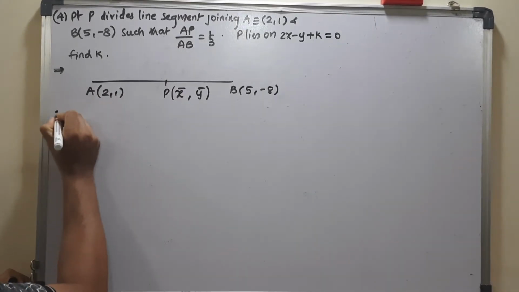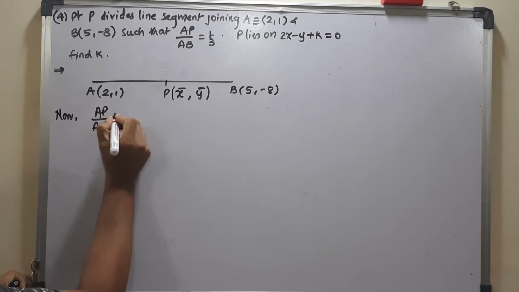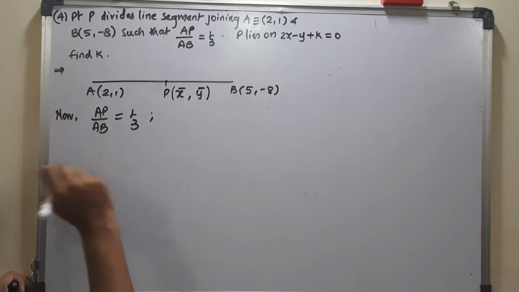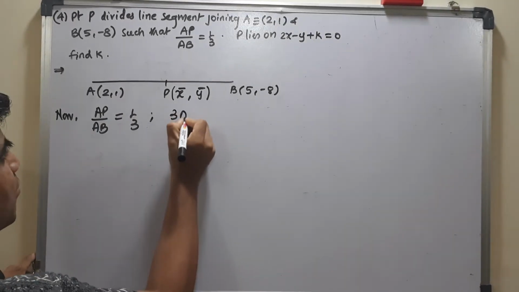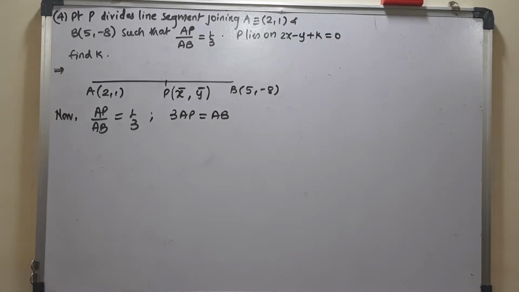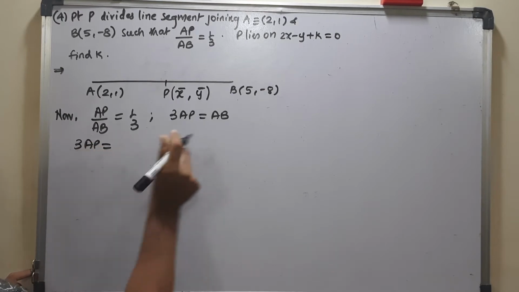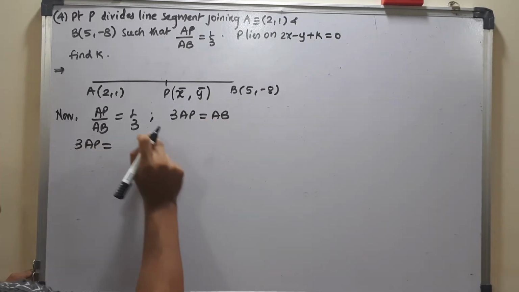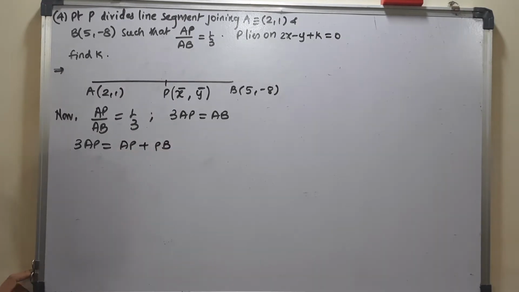So now first let me understand this. AP is to AB is 1 is to 3. In short, it means that 3 times AP is equal to AB by cross multiplication. Now this AB is nothing but AP plus PB.